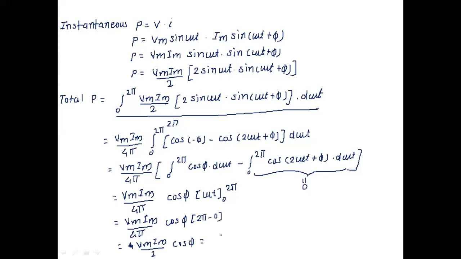And this I can write as Vm upon root 2 Im upon root 2 into cos phi, so that my formula for the total power becomes V I cos phi.